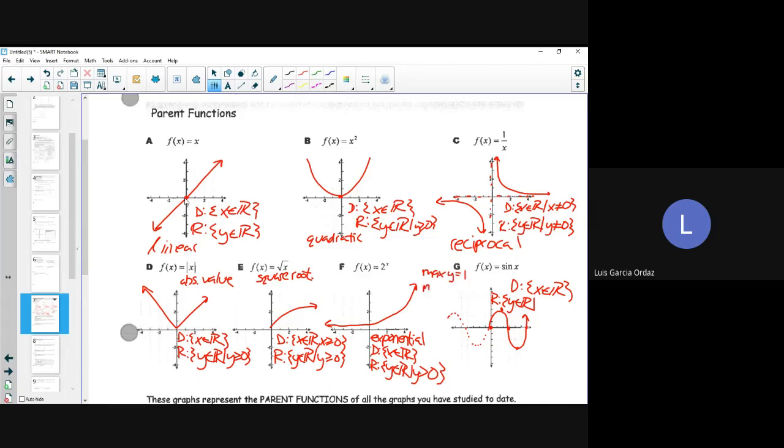And what is the minimum value of y? Negative 1. So what would my range be bound by? y is greater than or equal to negative 1, but less than or equal to 1. Yep, perfect. So that would be your domain and ranges for E, F, and G, okay?